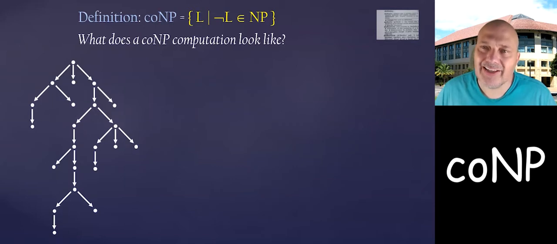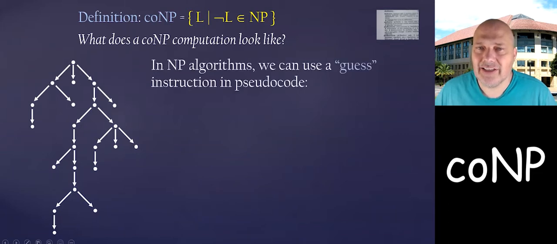So we can think about it as all of the paths lead to non-accept. And this gives us the ability to ask a for all question. If NP is a there exists question, does there exist an accepting path? Here we have that for all paths, they are not accepting.